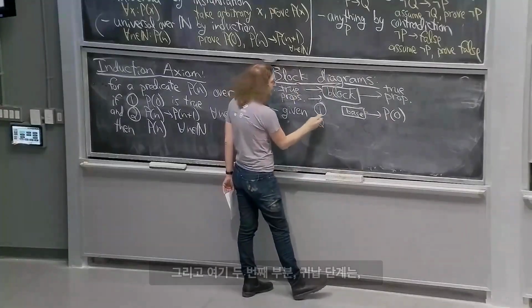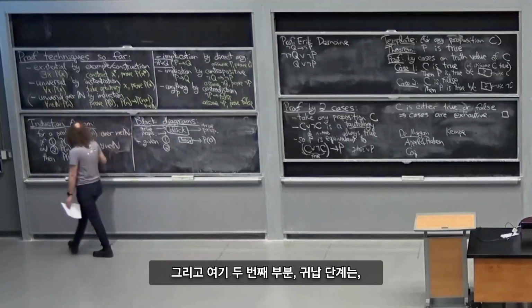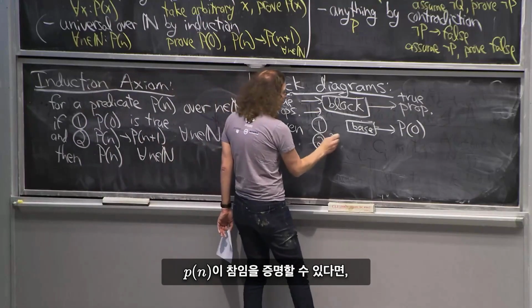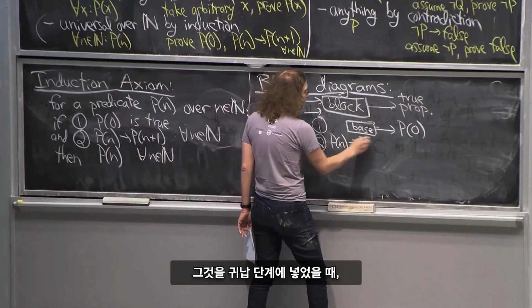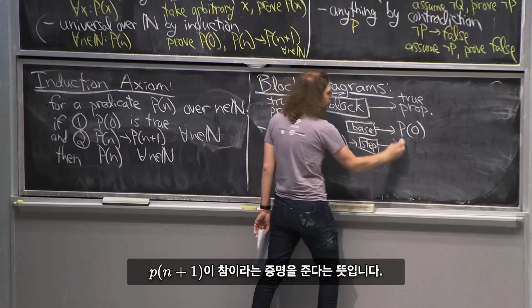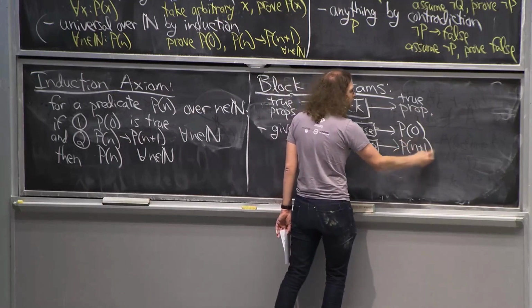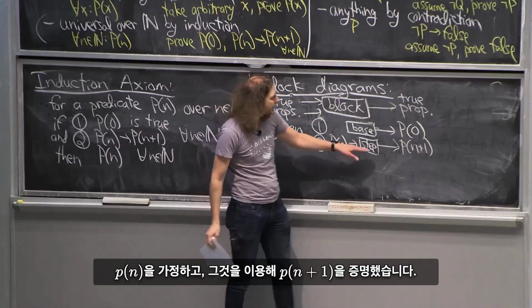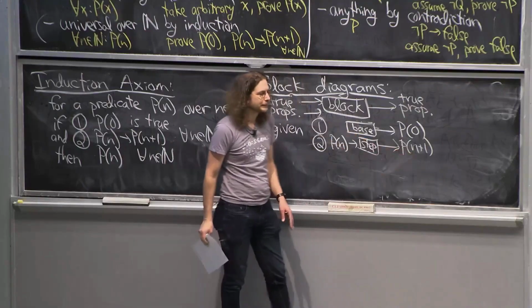And the second part, the induction step, says that if you can prove P of n is true, and you plug it into the induction step, then it will give you a proof that P of n plus 1 is true. We saw a bunch of examples of this last time. We assume P of n, and we use that to prove P of n plus 1.